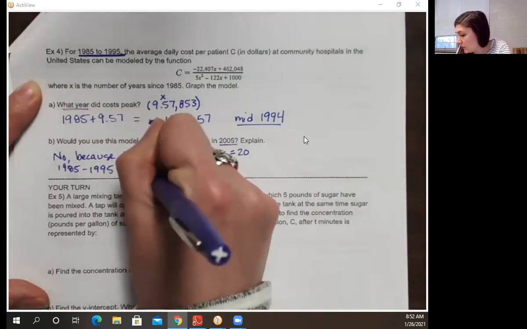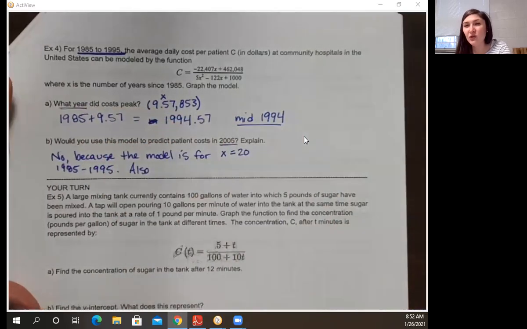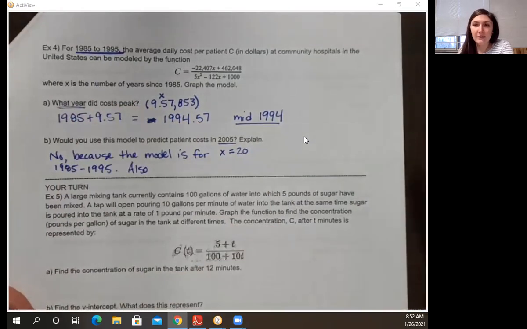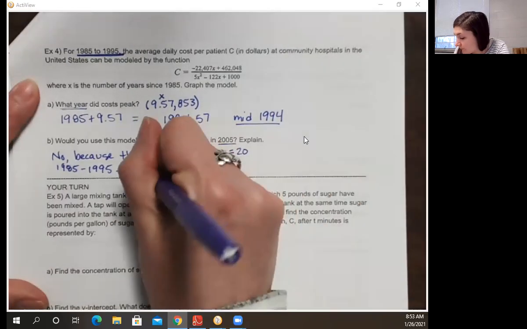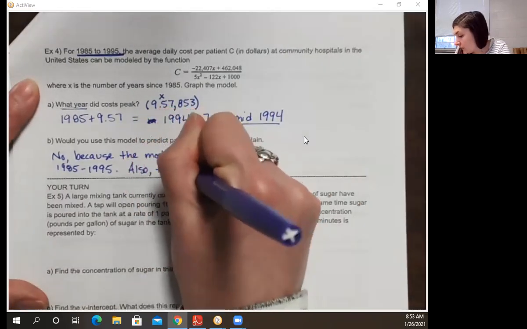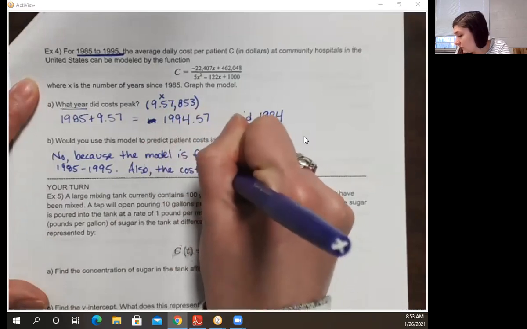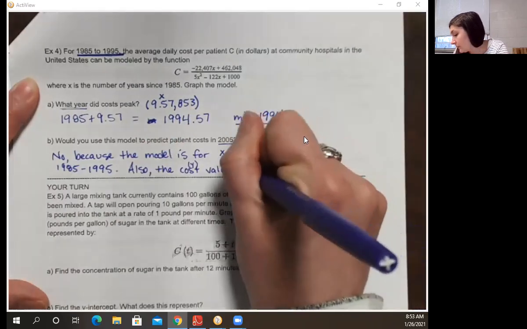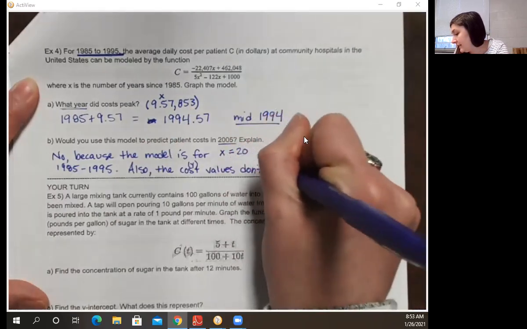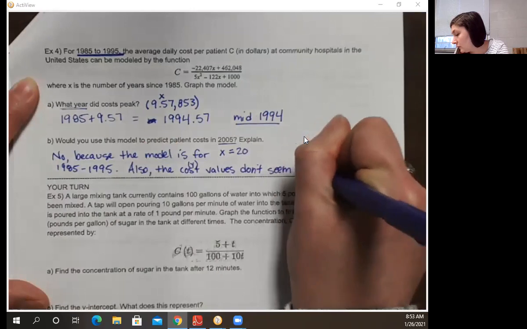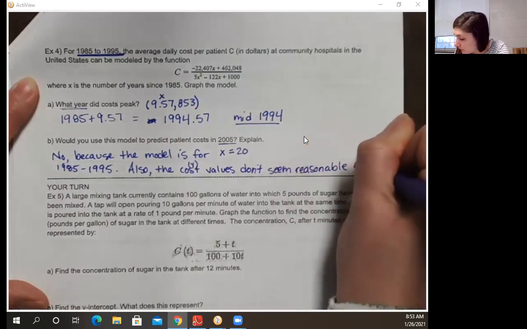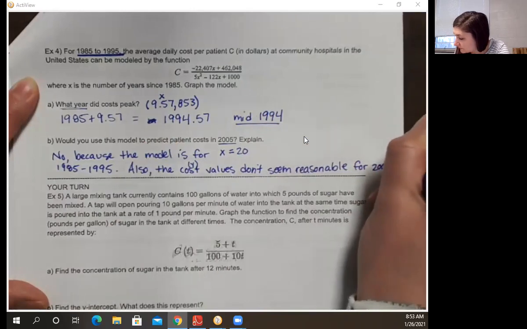And also 2005 is too far removed from that model, so the cost values, or y values, don't seem reasonable for 2005.